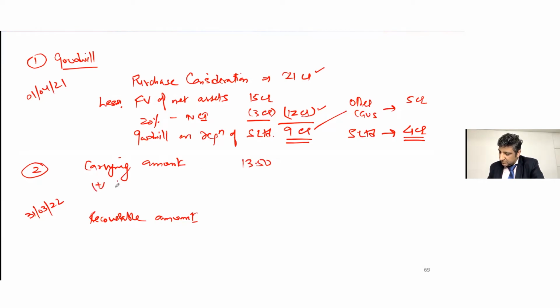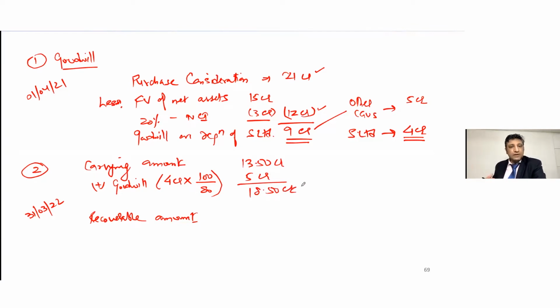Plus, of course, the goodwill has to be added. Now, this goodwill of 4 crores has to be grossed up to reflect the group's goodwill. That's how you start looking at the total measurement. So this becomes 5 crores and the total amount of investment in S Limited from a notional perspective is 18.5 crores.